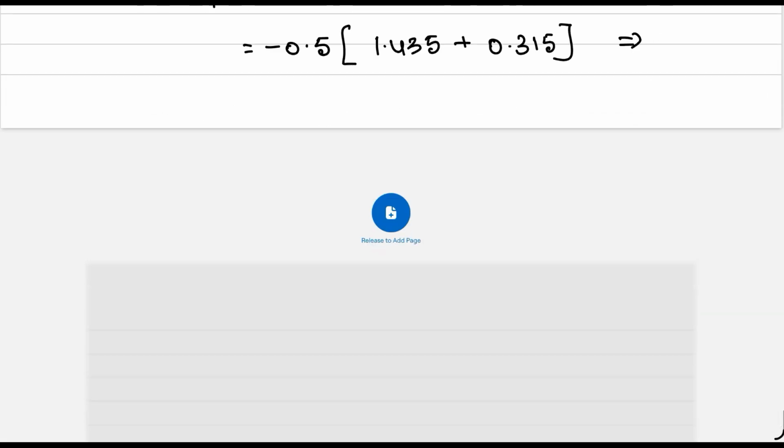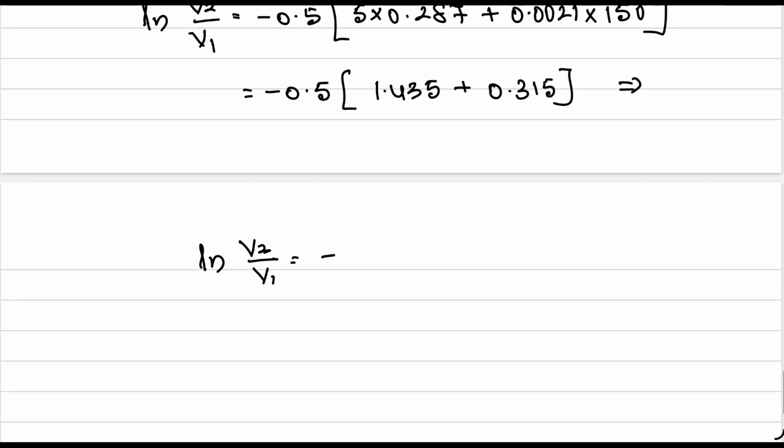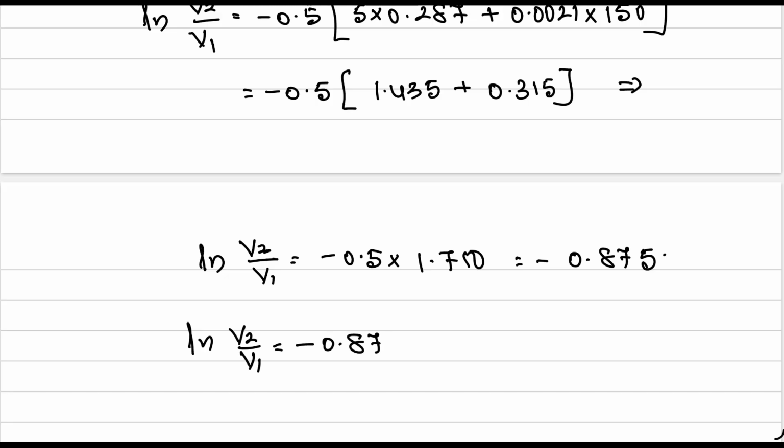That implies, let us see how we are proceeding. ln V2 by V1 is equal to minus 0.5 into 1.435 plus 0.315, that is 1.750. I am taking only up to 3 digits. 1.750 into 0.5 is equal to minus 0.875. ln V2 by V1 is equal to minus 0.875.